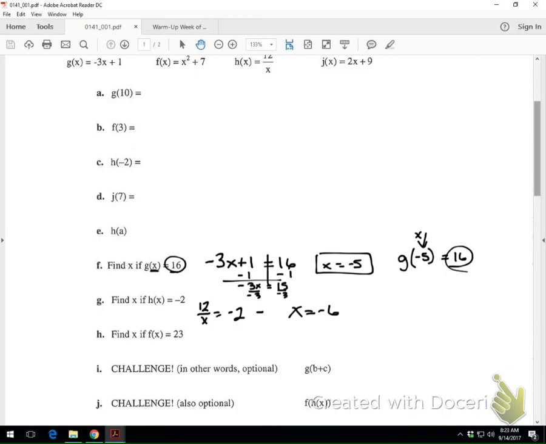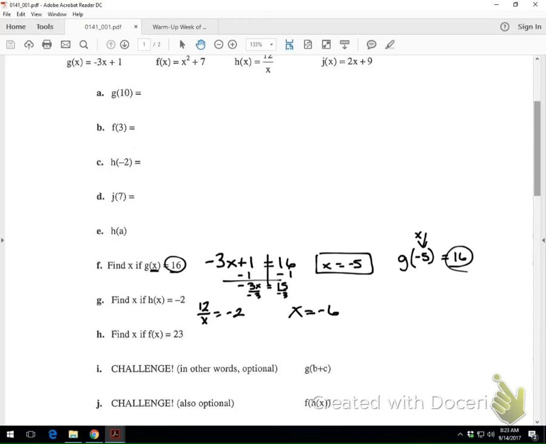Now if you multiplied by 12 to each side, that would give you a negative 24. So you actually got to divide by 1/12. You got to flip it since the number's on top. So it's kind of weird. If you think about it, 12 divided by something is negative 2.